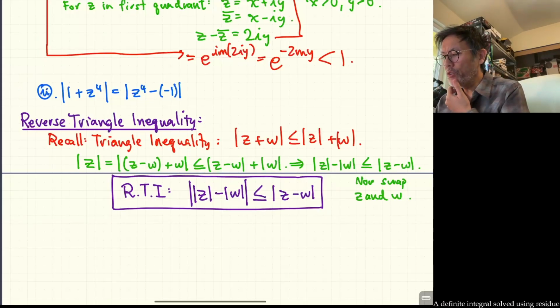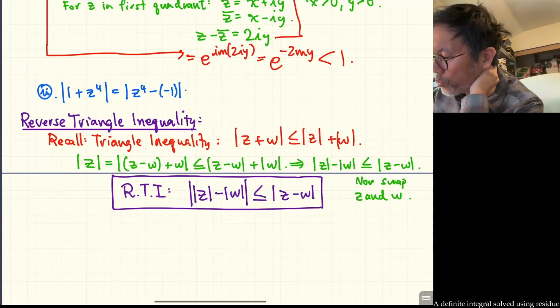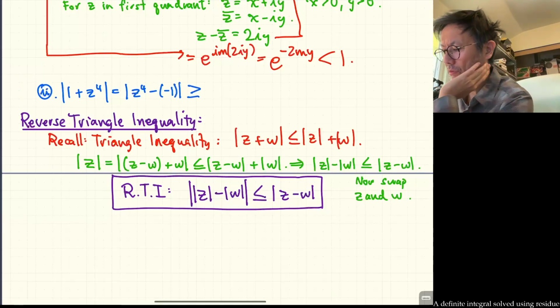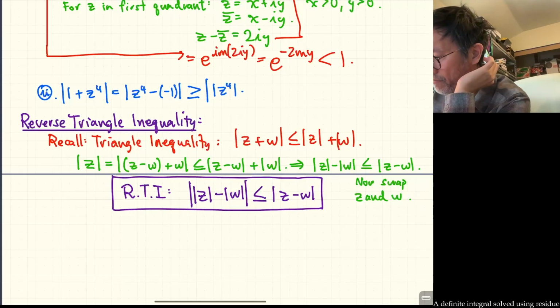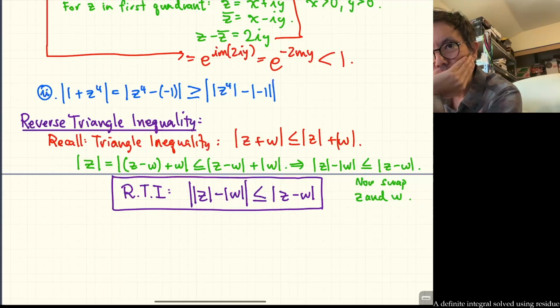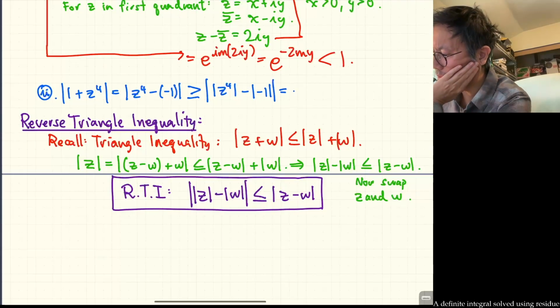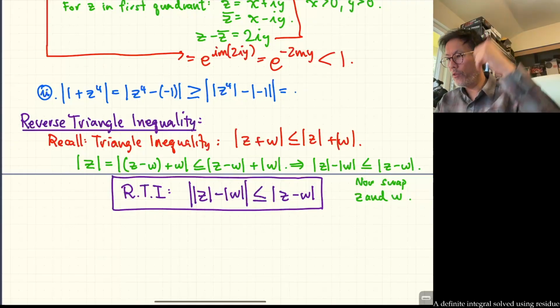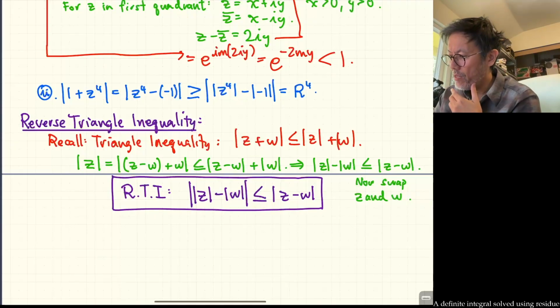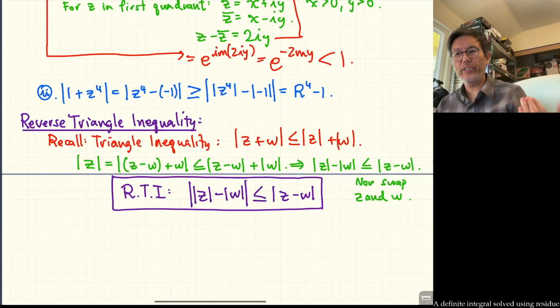But then by the reverse triangle inequality, this is greater than or equal to the modulus of z to the fourth minus the modulus of negative 1, which is equal to the modulus of z to the fourth, which is r to the fourth, minus 1 for r large enough.